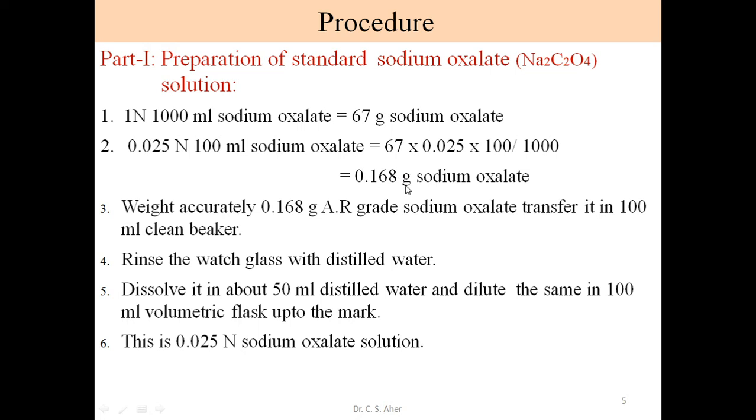So we weigh accurately 0.168 gram of AR grade sodium oxalate, transfer it into a 100 ml clean beaker, rinse the watch glass with distilled water, and dissolve it in 50 ml distilled water. Then dilute the same in a 100 ml volumetric flask up to the mark.